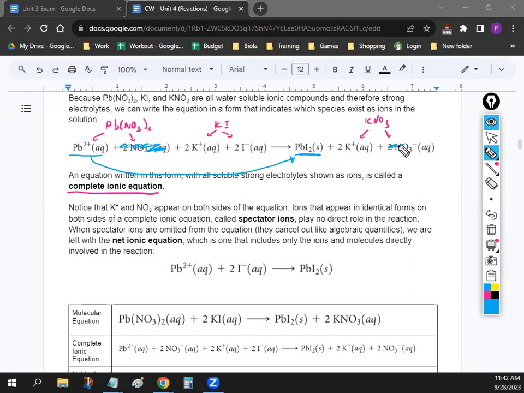These useless ions are called spectator ions because they don't do anything. They just spectate. They're like me and the NBA. I just watch and I complain to the refs. Like, that's not a travel. That's not a moving screen. Warriors don't set moving screens.